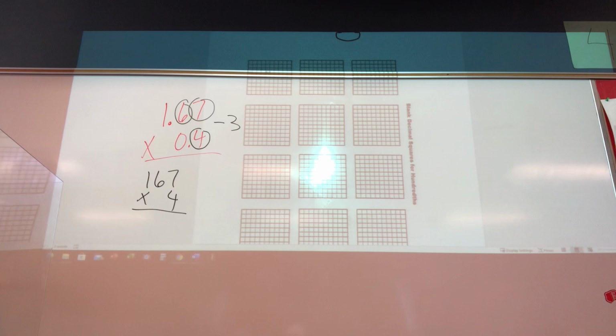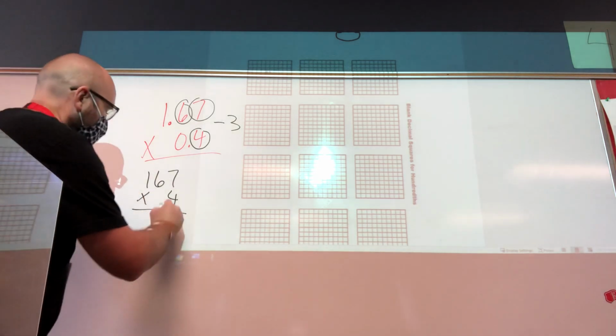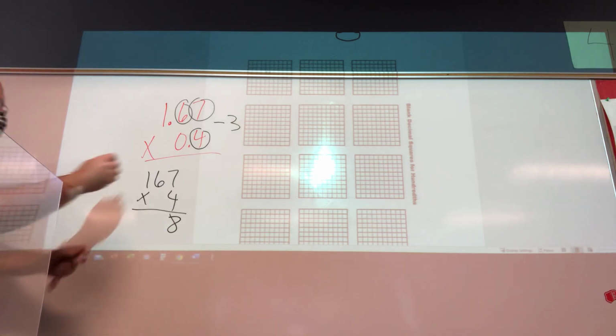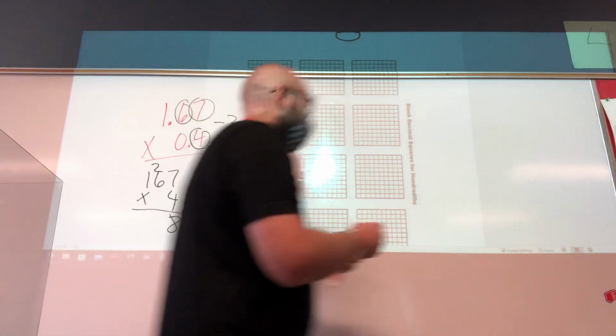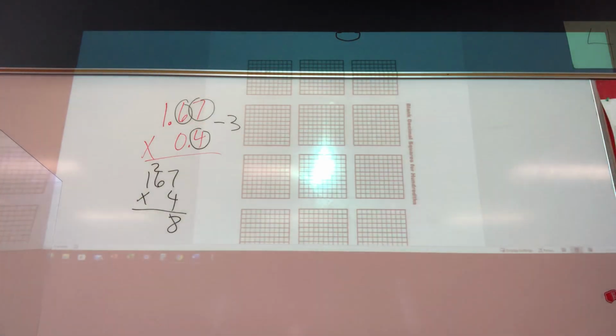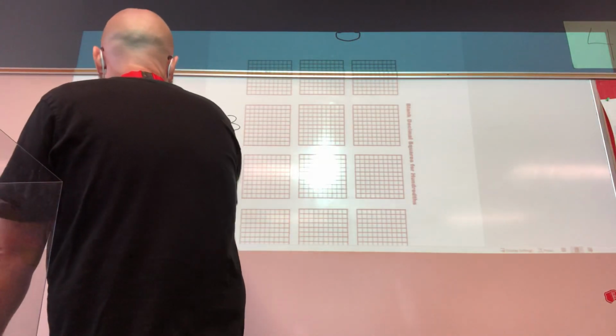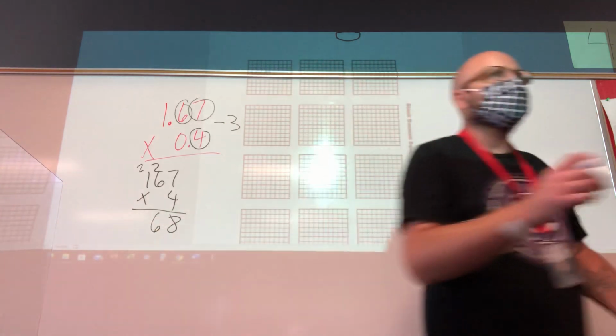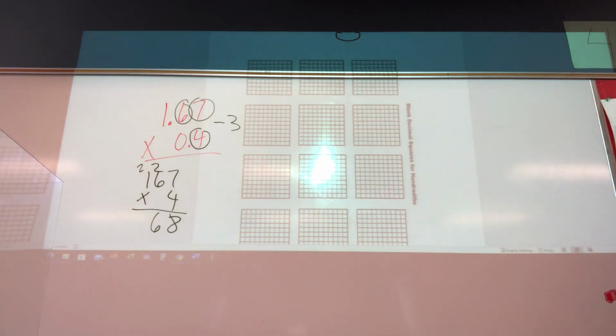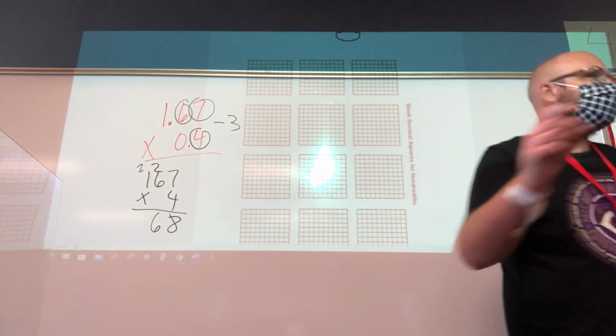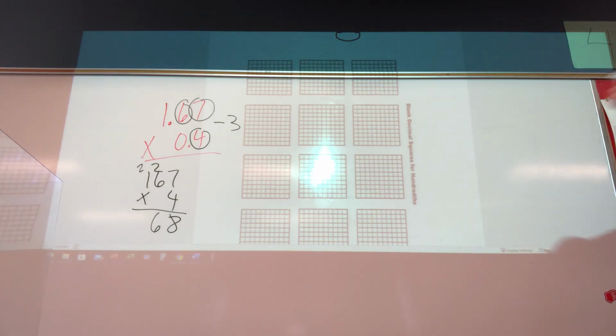Now I just multiply 4 times 7, which is 28. So that's 28 ones, or 2 tens and 8 ones. Then I multiply 4 times 6, which is 24. Plus 2 is 26, so that's 26 tens. So that's 2 hundreds and 6 tens. And 4 times 1 is 4. Plus the extra 2 hundreds I have is 6.